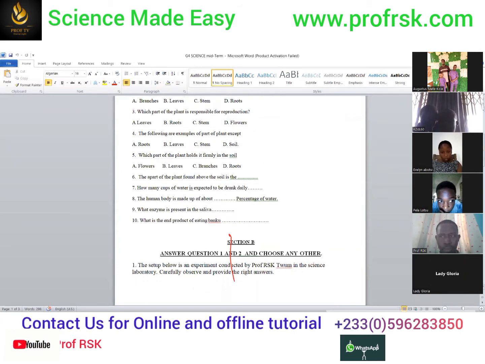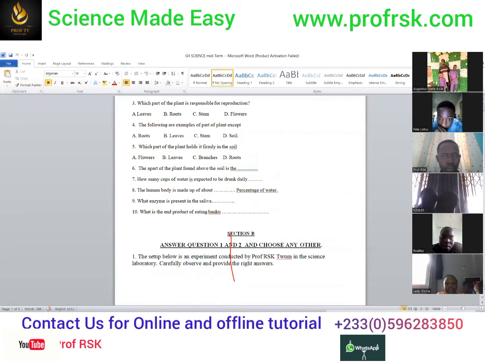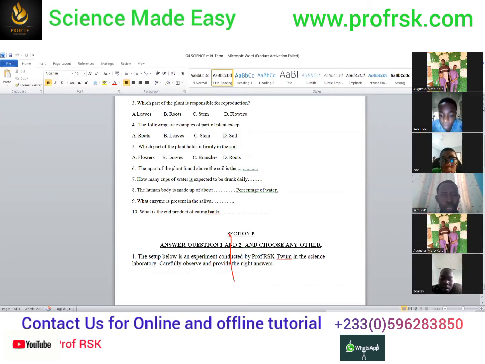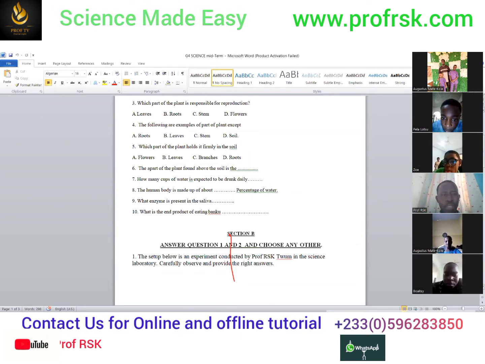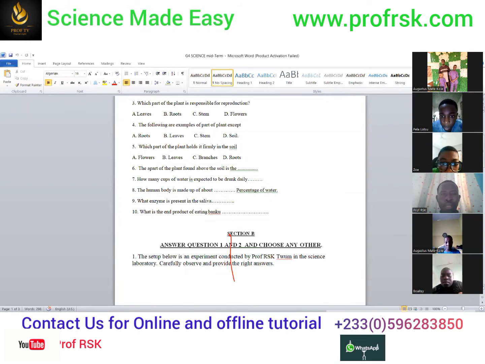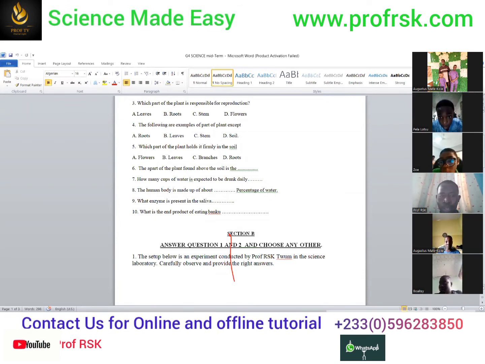What enzyme is present in the saliva? Which enzyme is present in saliva? I want you to write this answer in the comment section. What enzyme or which of the enzymes is present in our saliva?